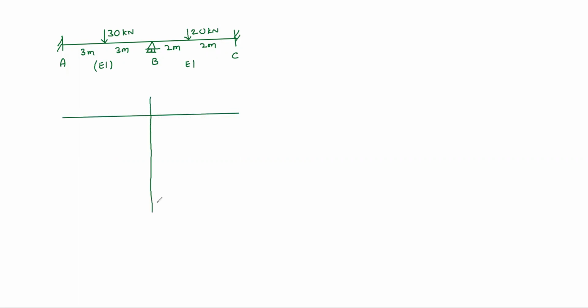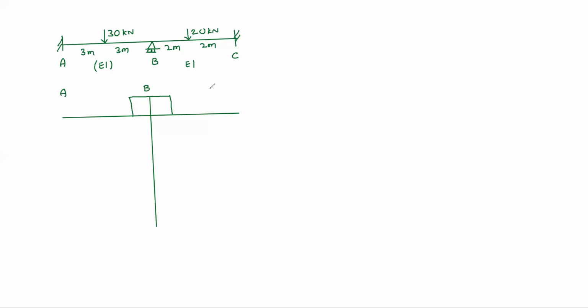So this is the structure. 30, 20, A, B, C, 3 meter, 3 meter, 2 meter, 2 meter, 30 kilonewtons, 20 kilonewtons, EA. So we need to draw a table like this.